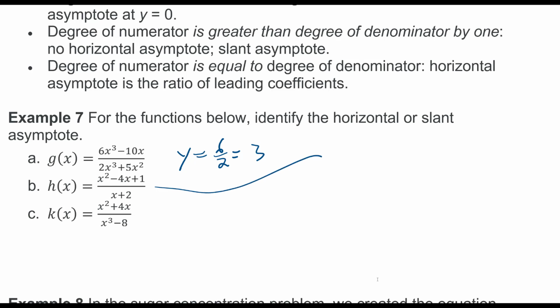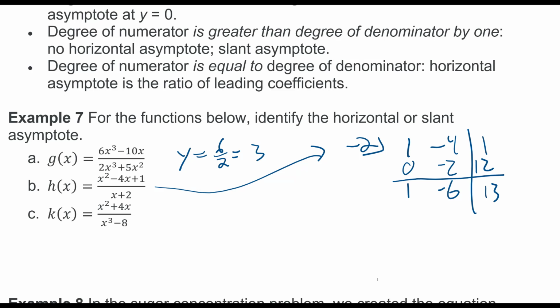Negative 2 goes in the box. I have 1, a negative 4, and a 1. So 1, that's negative 2, negative 6, positive 12, and 13. The remainder doesn't matter. It's just this part. So this is your x, this is your constant. So it's going to be y equals x minus 6. That'll be your slant asymptote.